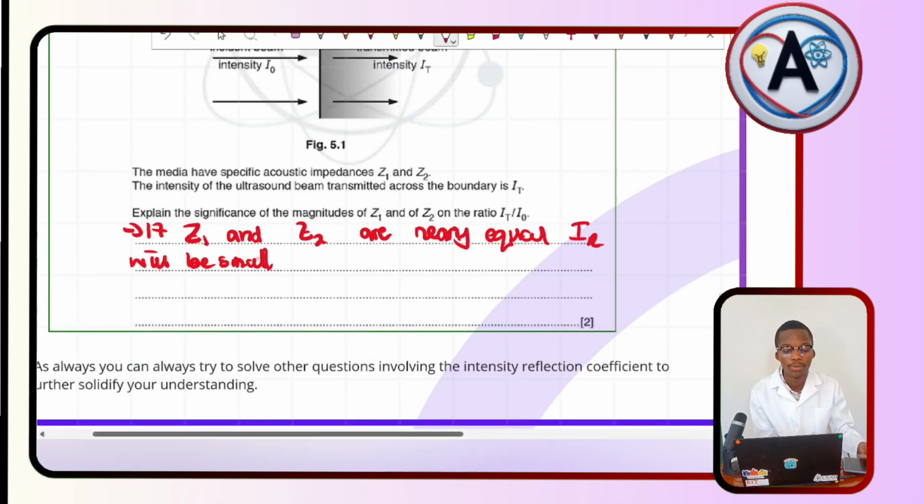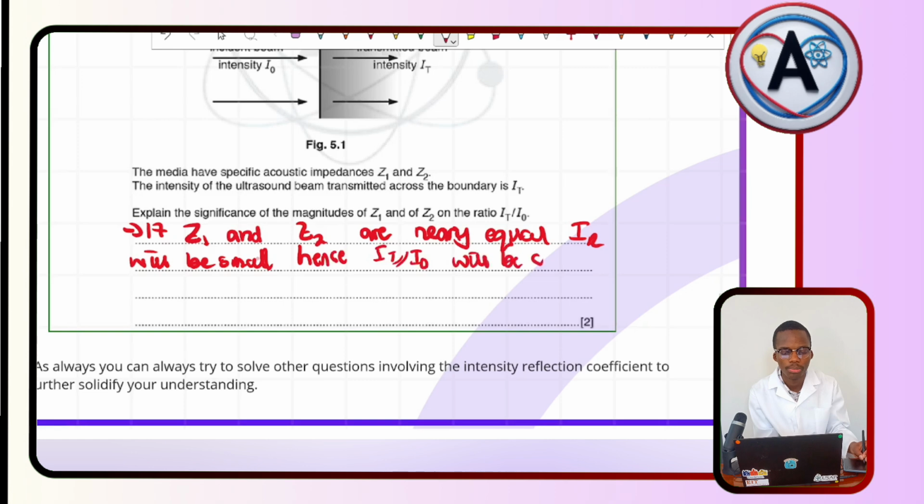And we know for a fact that if IR is very small, IT is going to be higher. Because if very little is reflected, IT will be very high. So if they're nearly equal, IT over I0 will be close to 1 or very high. That implies the ratio of the amount of wave that is being transmitted over the incident is going to be very high.